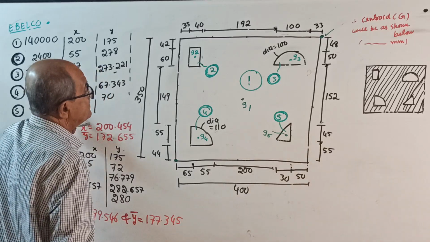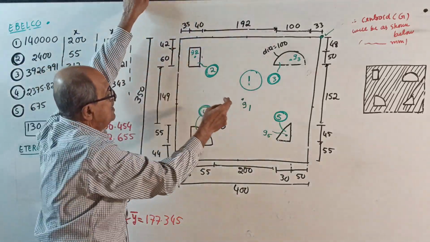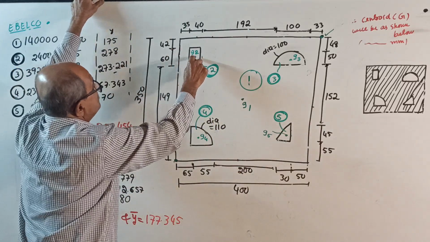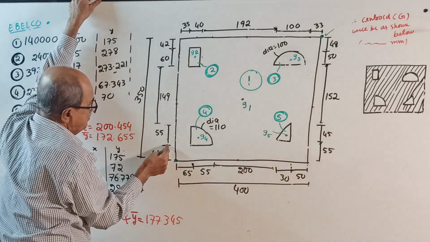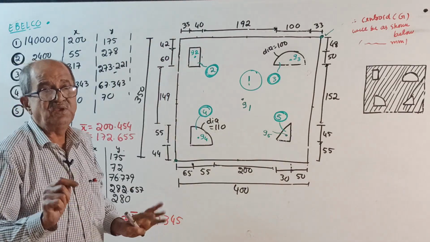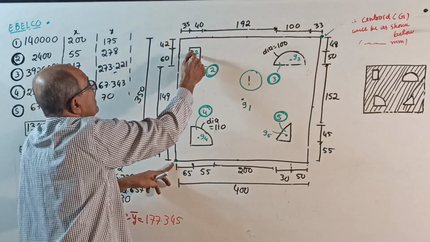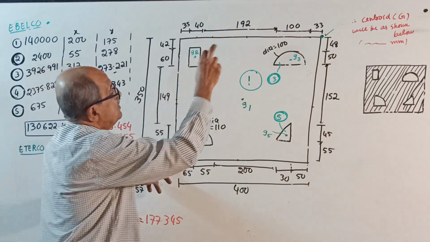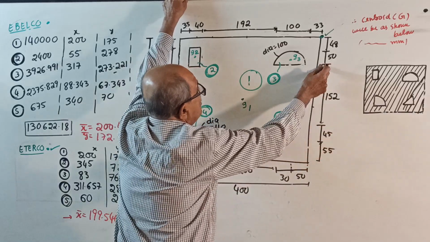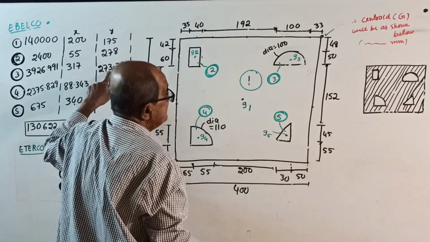You get the x distances. Now I am still in Abelco only; go for the y distances. y1 is total 350, half of 350, 175. y2 is 44 plus 55 plus 149 plus half of 60, but actually easier is 350 minus 42 minus half of 60. That is better. y3 is 55 plus 45 plus 152 plus 2d by 3 pi; here x3 is there.